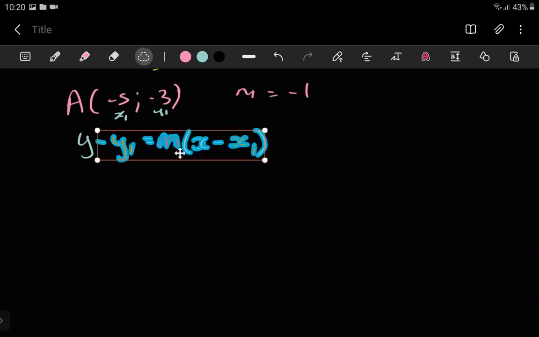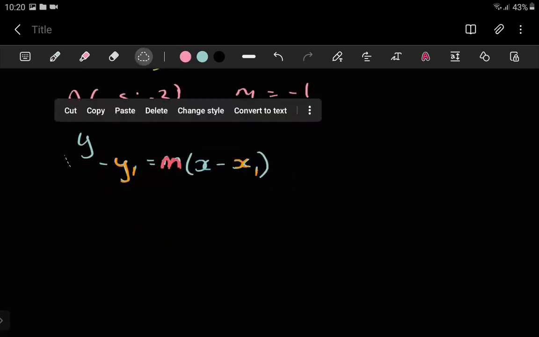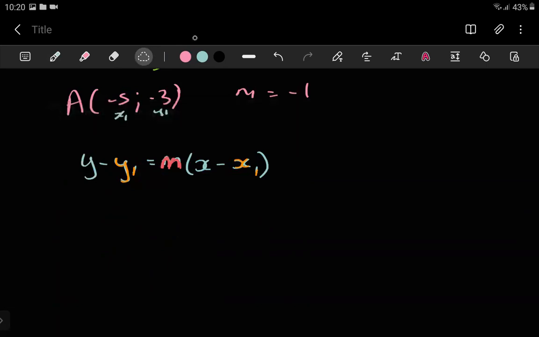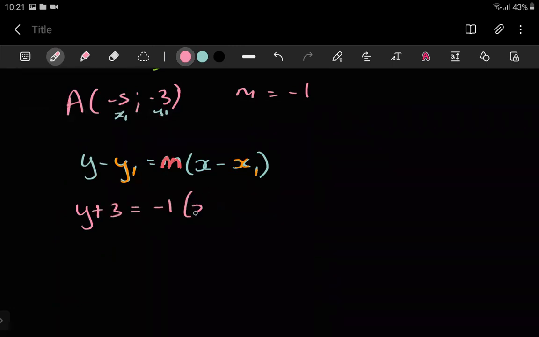In our formula here, we have to be careful, otherwise things will go wrong. So y plus 3, and here -5 is going to be a +5. You see it?